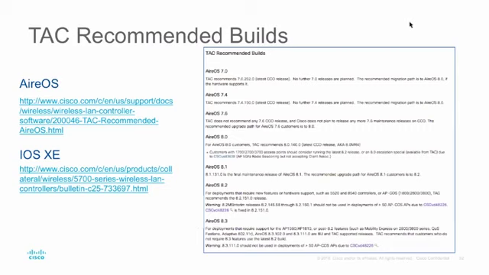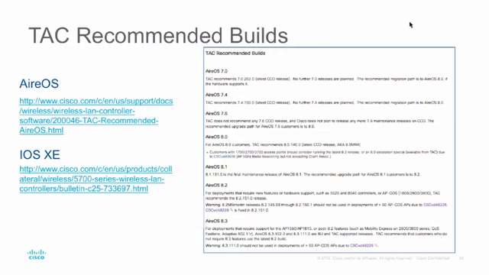So for example, the latest one, 8.3, this is a screenshot from, I believe, last week. We're on 8.3 MR1, but that's been updated with a security bug fix after the fact, which is the one that's listed there in that screenshot.